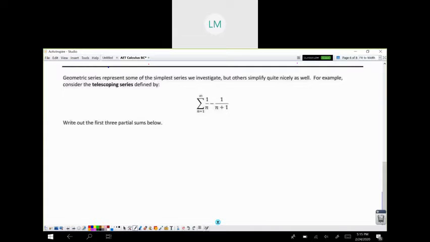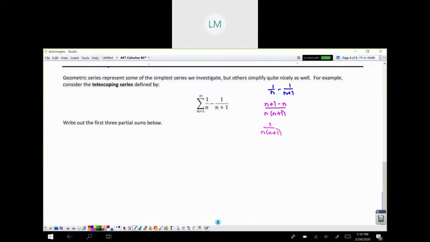If we were to simplify or combine this, you have 1 over n minus 1 over n plus 1, which means I would have n plus 1 minus n over n times n plus 1, which gives me 1 over n times n plus 1.